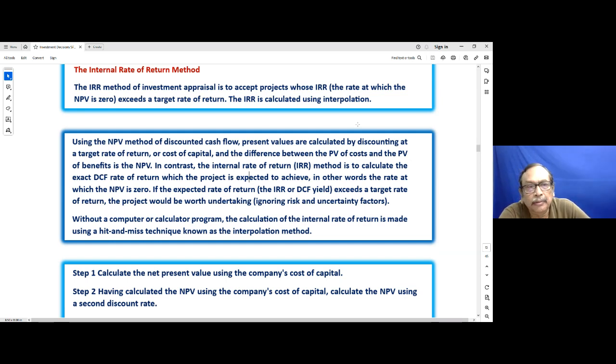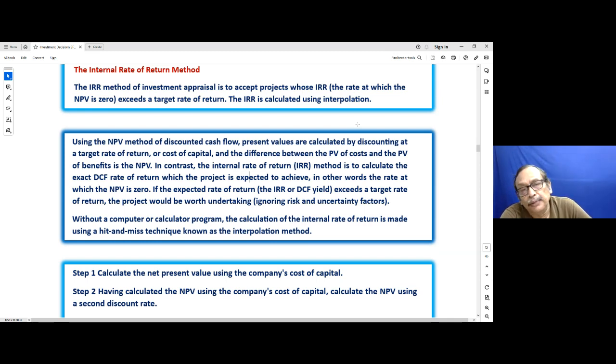So you remember, using the NPV method, present values are calculated by discounting at a target rate of return, or cost of capital, or desired rate of return, or cut-off rate. And the difference between the present value of costs and the present value of benefits is the NPV.